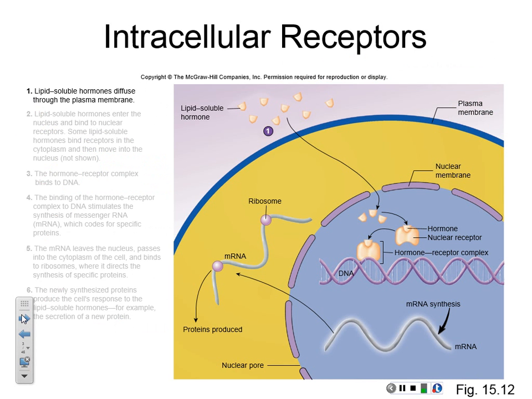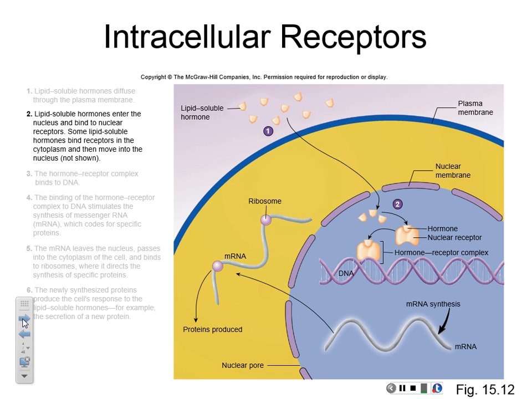So in this case, this one is going straight to the nucleus, right? So of course, the first stage is that it will unbind from the protein that is carrying it in blood, because the blood is an aqueous environment. And then once it reaches the target cell, it enters the cell, and in this case it's going to attach to a nuclear receptor, right?